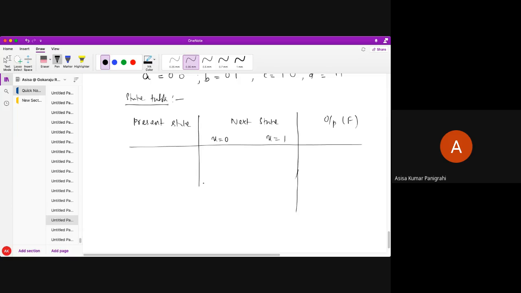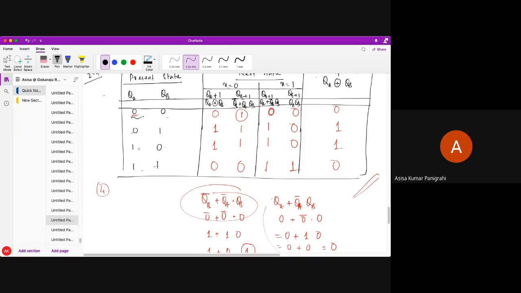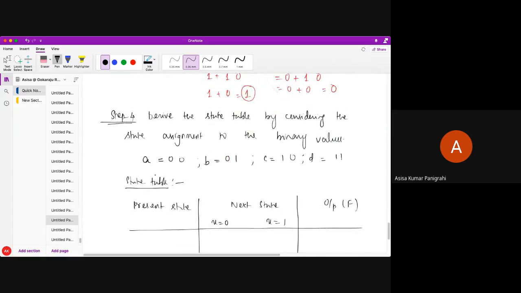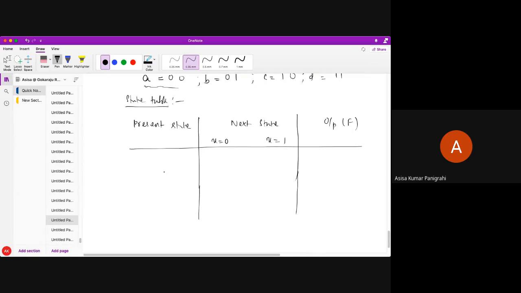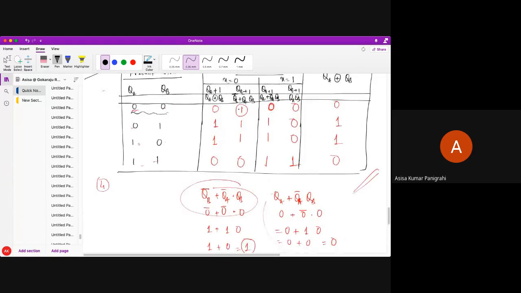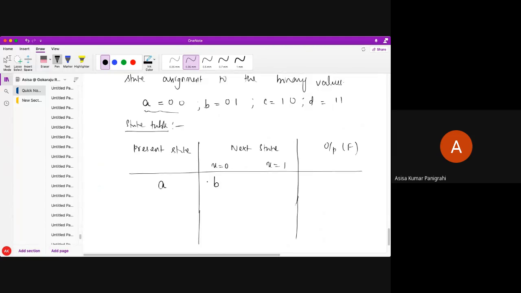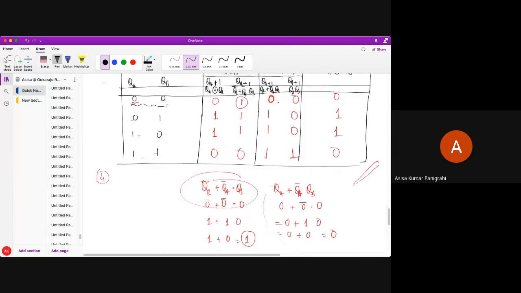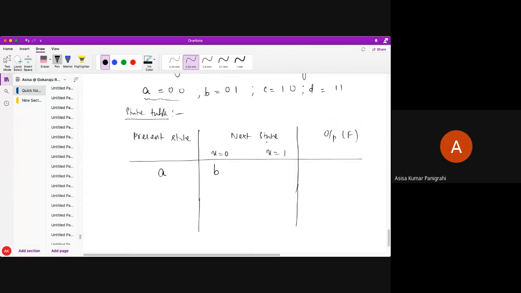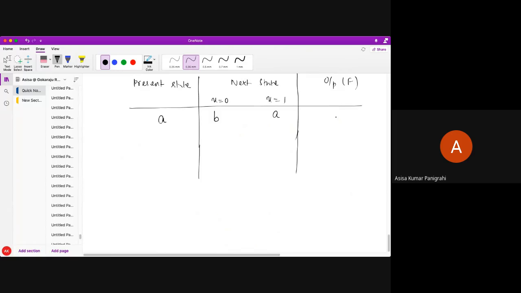Present state is 0 0. 0 0 means A, as just now assigned. For x equal to 0, next state is 0 1, which means B. For x equal to 1, it is 0 0, which means A. And output is 0.